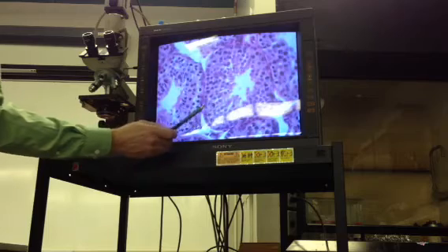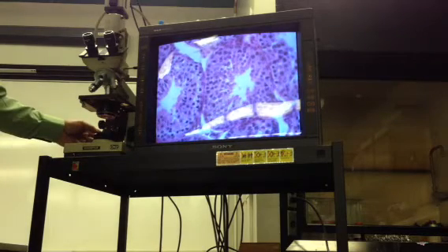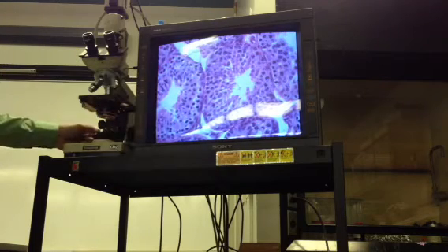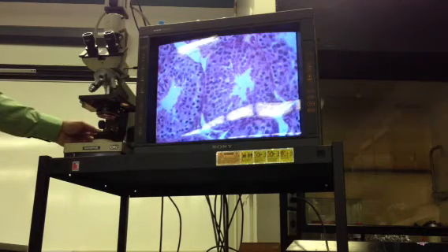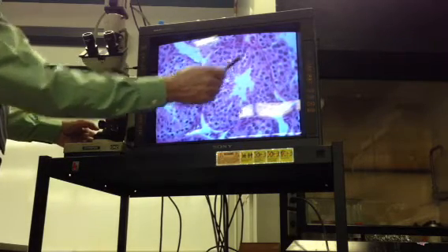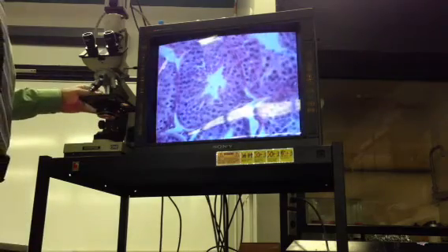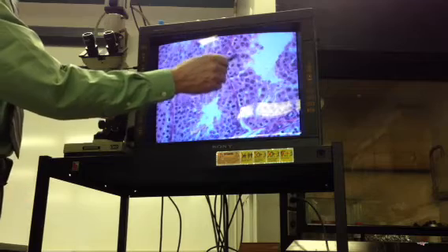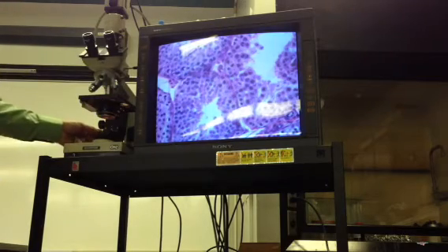But to me, the most obvious cell, the largest cell in the seminiferous tubule, is actually a primary spermatocyte. See how big they are. Not right near the periphery, usually inward a little bit. This one has a really good bunch of them. There's a lot of primary spermatocytes in that one.